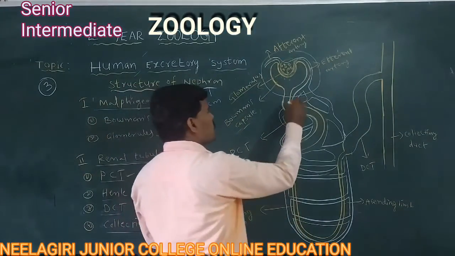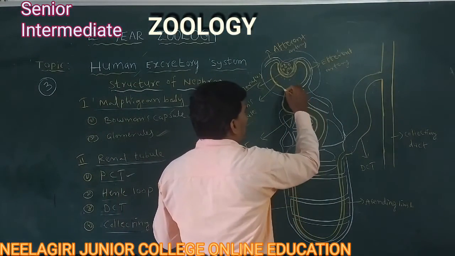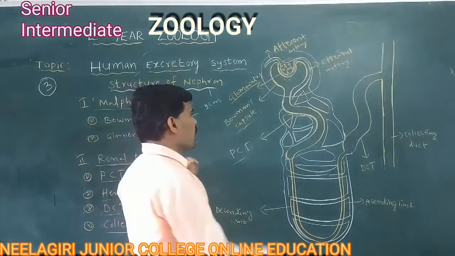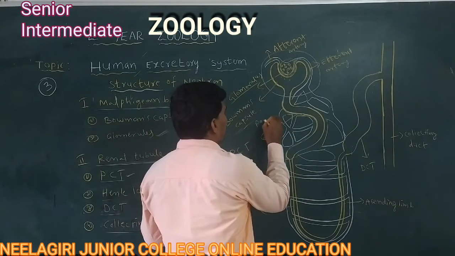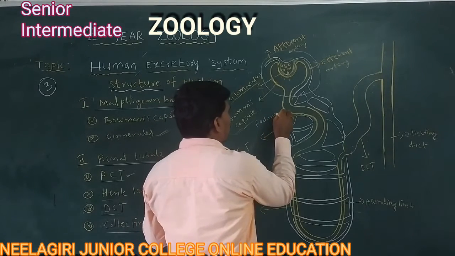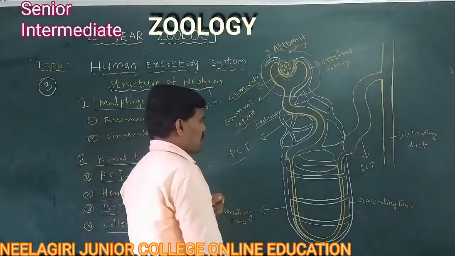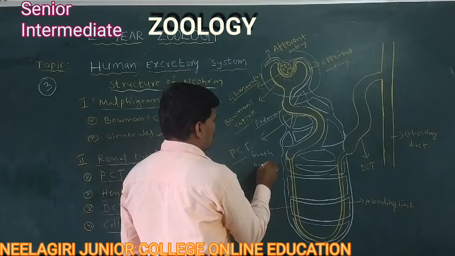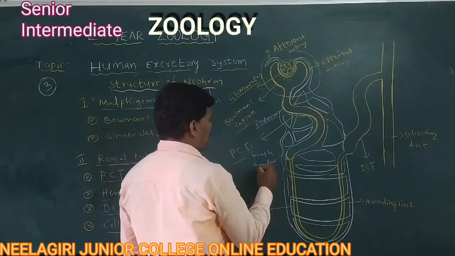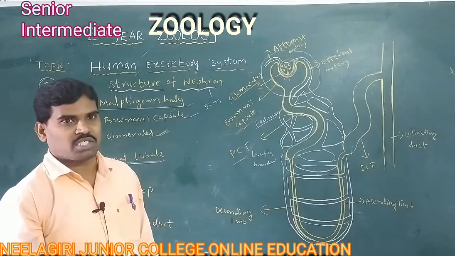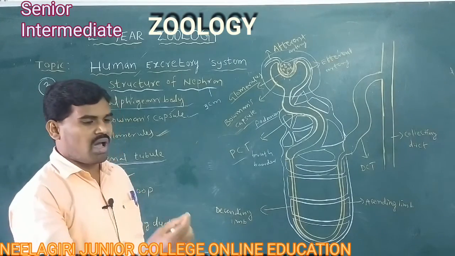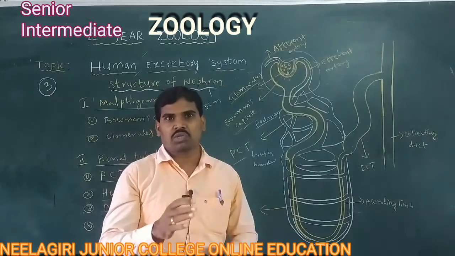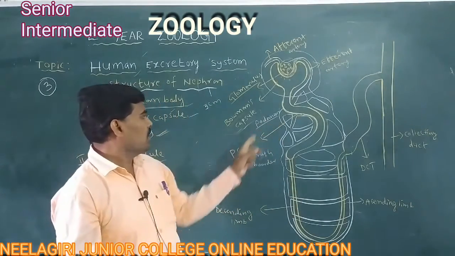The proximal convoluted tubule is lined inside by podomer cells with a brush border. The brush border has small finger-like villi, and the fluid passes slowly into the PCT.